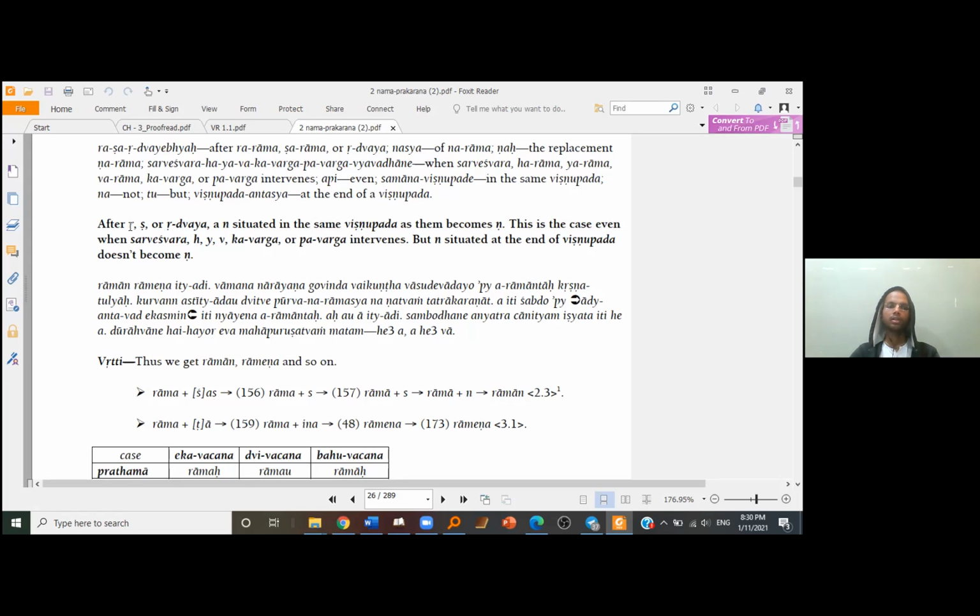So the Purva Nimittas are either of these, and then after these we have the Karyasthan, the Karyi na Rama, which turns into na Rama.